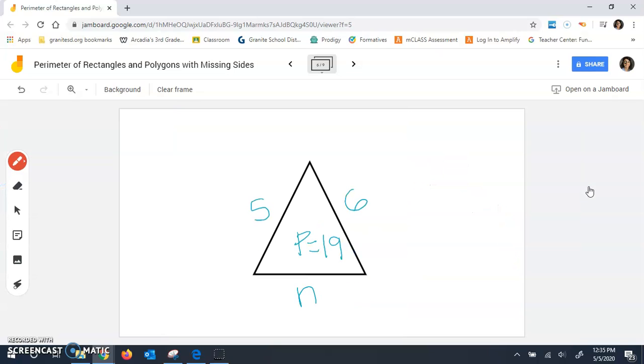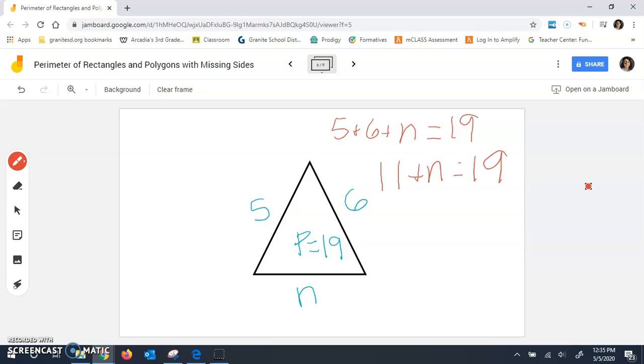So let's look at this one. A triangle, sometimes the sides are all the same and sometimes they aren't. So we're going to do the exact same thing, because what this is saying is 5 plus 6 plus n is equal to 19. I know it's weird to see a letter or question mark there, but visualize it that way. So 5 plus 6 is 11, plus something is equal to 19.